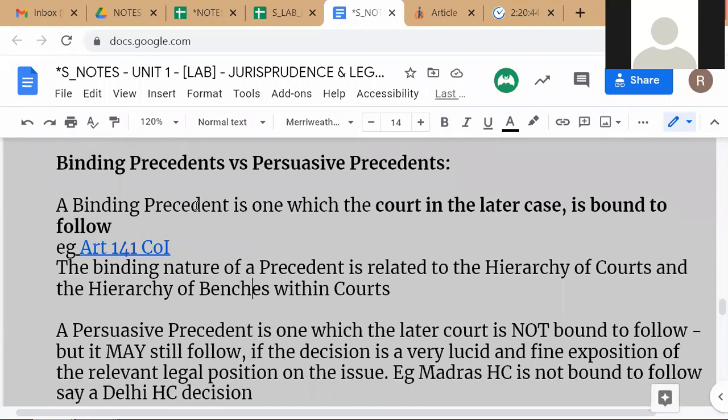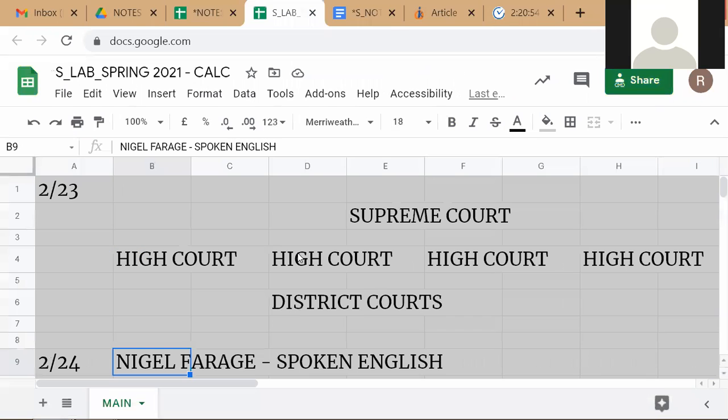So you have this concept of a binding precedent, where the court in the later case is bound to follow. If you go back here, any decision of the Supreme Court is an example of vertical stare decisis, because it operates on all the lower courts.